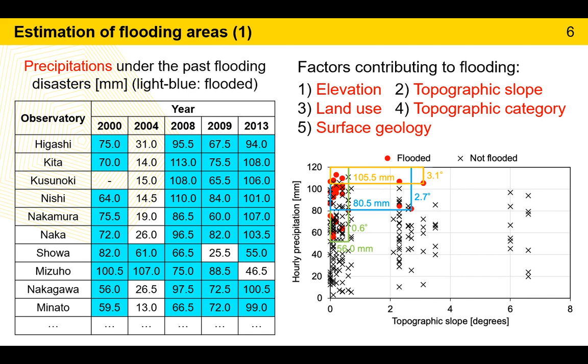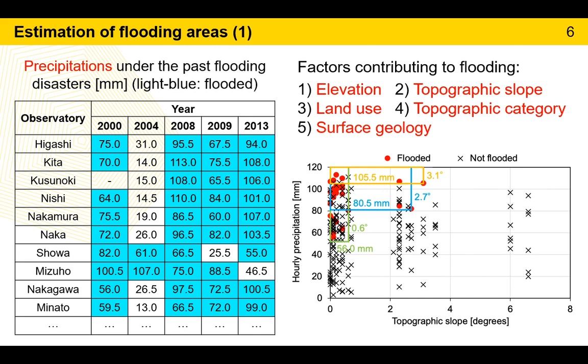According to the table, the flooding events occurred in the situations and locations shown in the light blue colored cells, these ones. Using these observation data, finally we derived the relationship between the precipitation and the factors contributing to flooding.